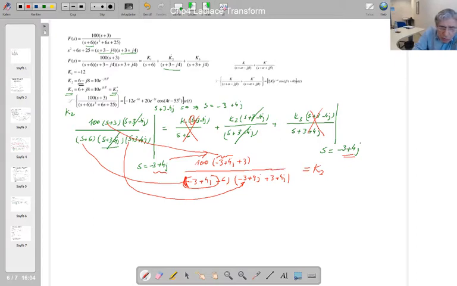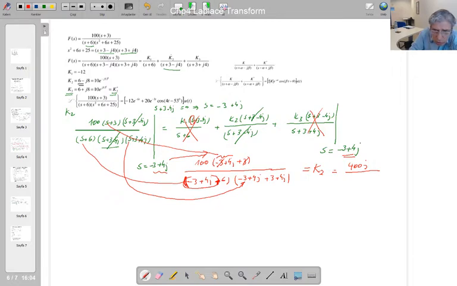So if we do this operation, this is gone, k2 is equal to 400j over, so this is plus 6, isn't it? That is plus 6.